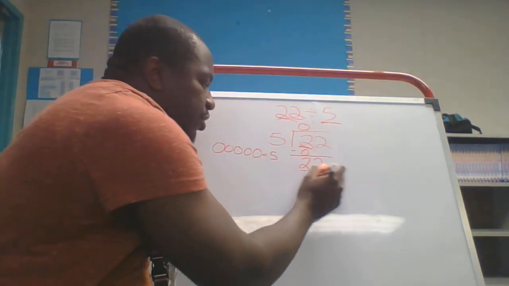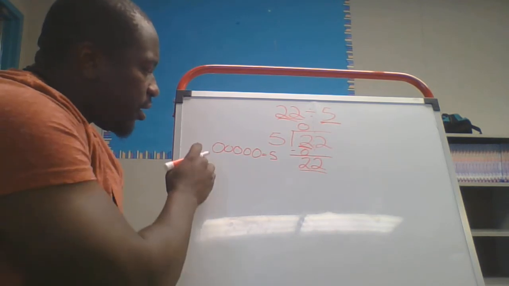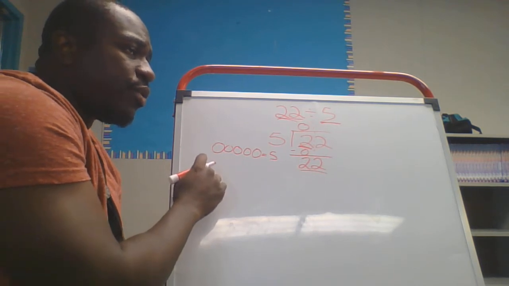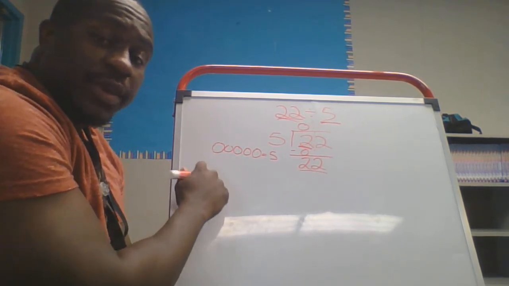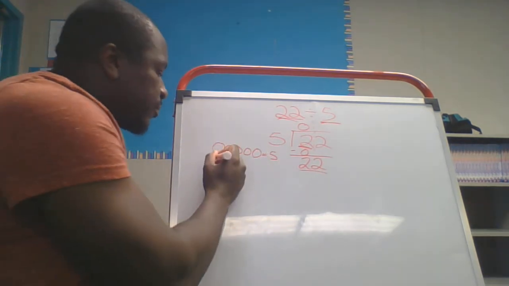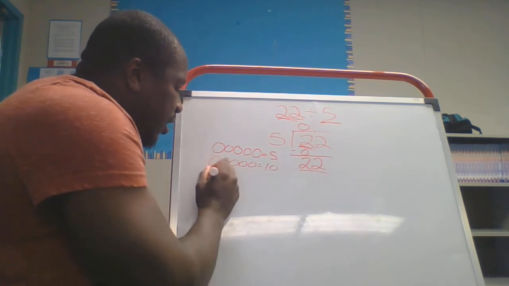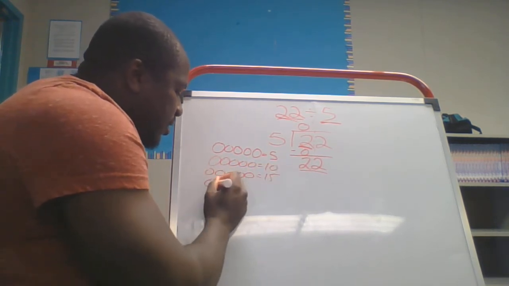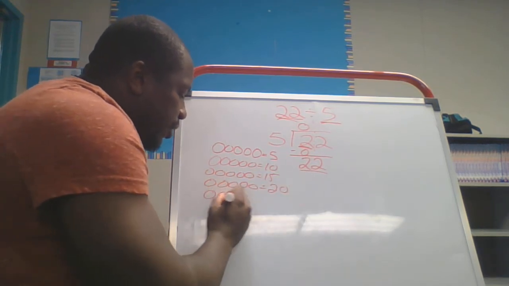Now we're looking at 22 as a whole. So let's count some more circles and see if we can get to 22 exactly. If we can't, how close can we get to 22 without going over? 6, 7, 8, 9, 10, 11, 12, 13, 14, 15, 16, 17, 18, 19, 20, 21, 22.